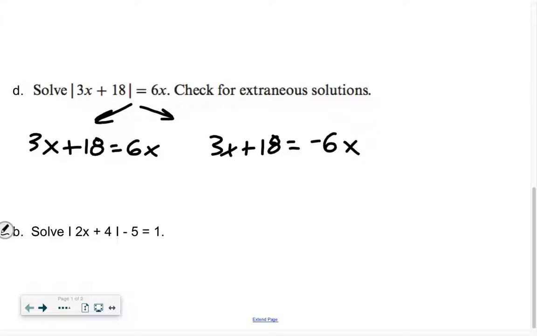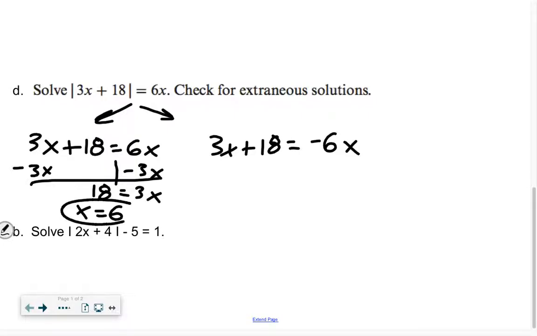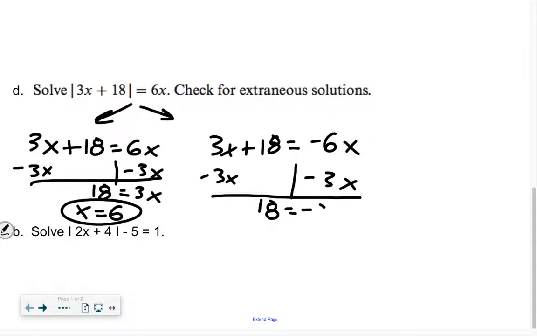If we solve for x, we subtract 3x from both sides. So for the first one, I came up with x to be 6. And x is equal to negative 2.